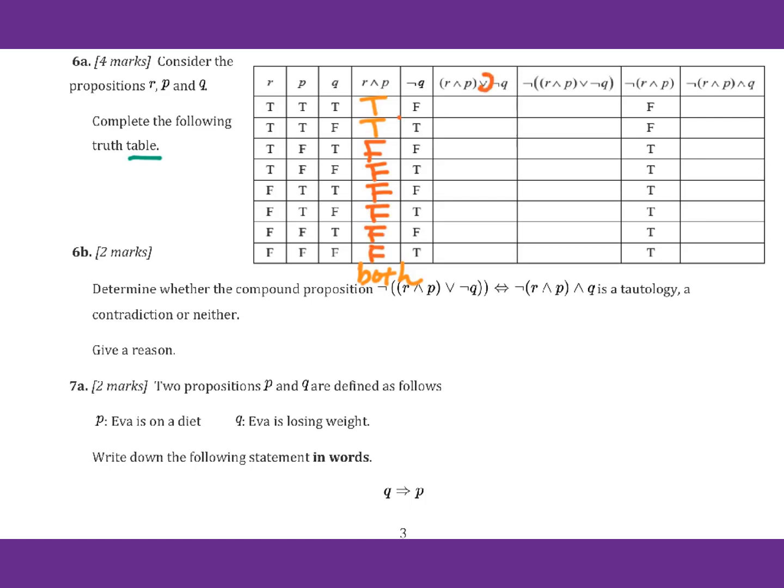For this, that's all. Keywords will be at least. To be true, at least one must be true. Therefore, you need to check this column and this column. True, true, true, true, true. Rest will be false.